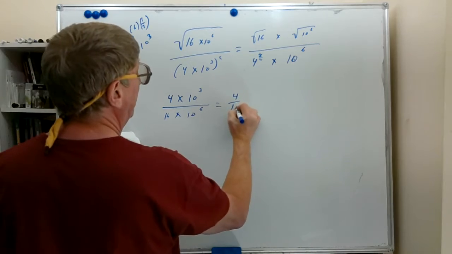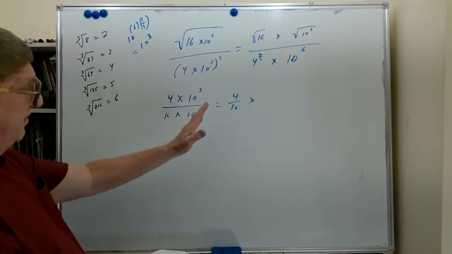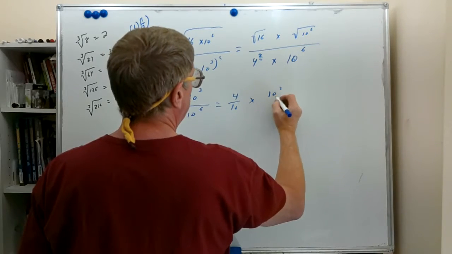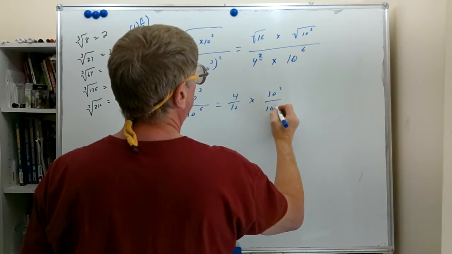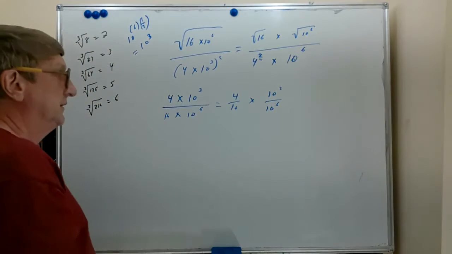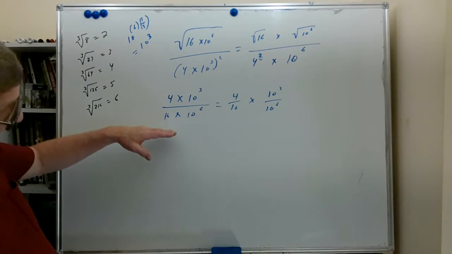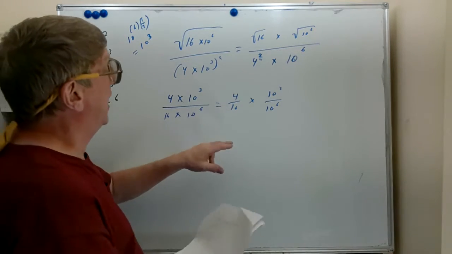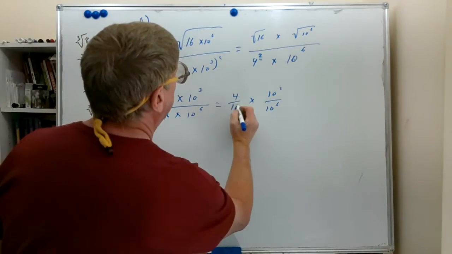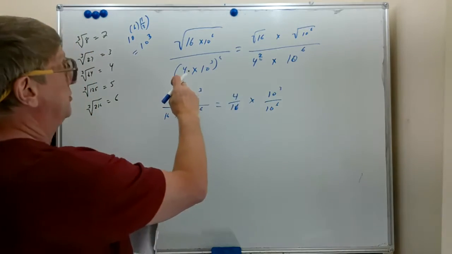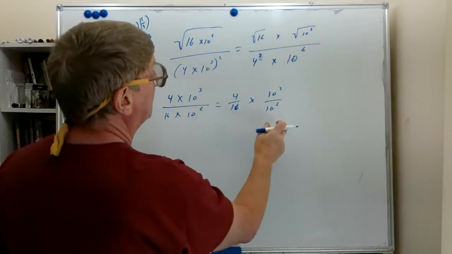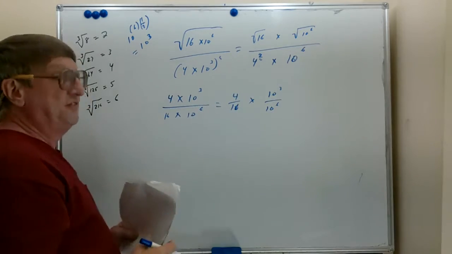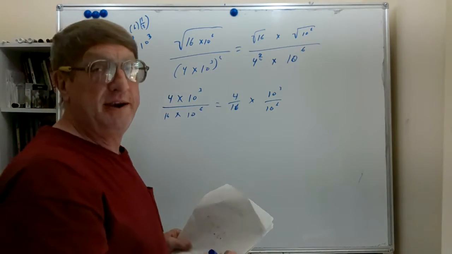Well, 4 over 16 times, we can separate these factors, 10 cubed over 10 to the 6th. And you can see this is the same because we multiply across the top, across the numerator. We have 4 times 10 cubed, which we have here. We multiply across the denominator. We have 16 times 10 to the 6th, which we have here. So it's easy enough to see that's an equivalent operation.